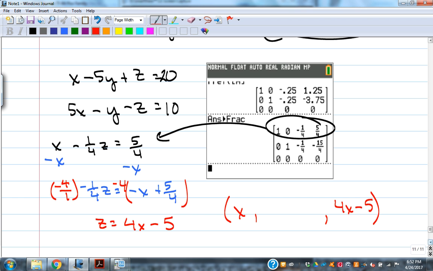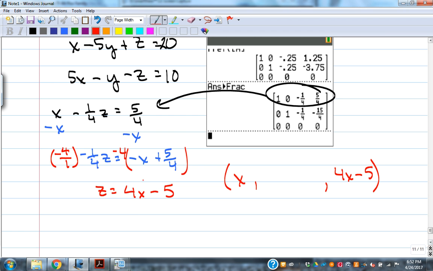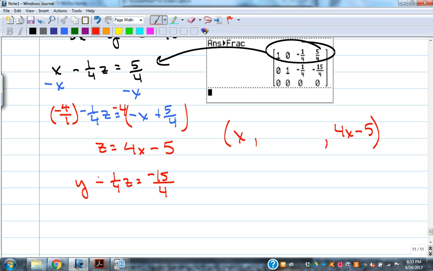Which already tells us the answer is A. But if we took that second equation, it tells us y minus 1/4 z equals -15/4. I can get y by itself pretty easy. And then I'm going to plug in what z is.